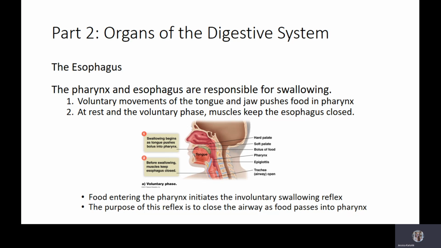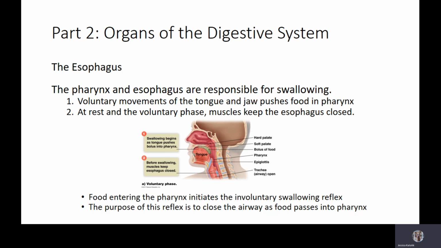So the first phase is a voluntary phase. It's going to push the food back into the pharynx. Once the food is pushed back into the pharynx, there are stretch receptors that are going to detect that there is material within the pharynx, and this will initiate the involuntary swallowing reflex.